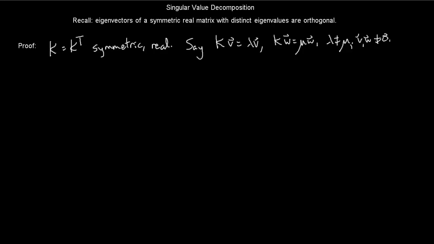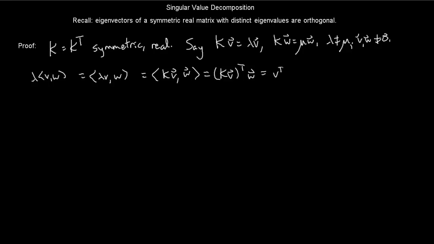So to see that V and W are going to be orthogonal, first look at the following dot product. If you compute K times V dot W in the Euclidean norm, then K times V is lambda V, and the form is bilinear, so I can pull a lambda out. On the other hand, KV dot W is just (KV) all transposed times W, and I know how to push a transpose into a product of matrices.